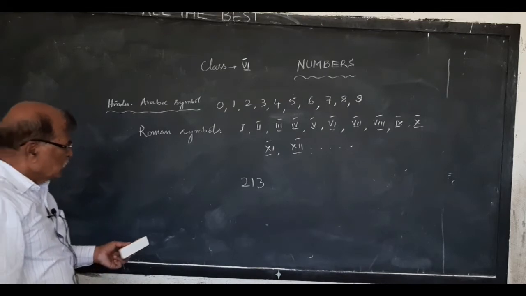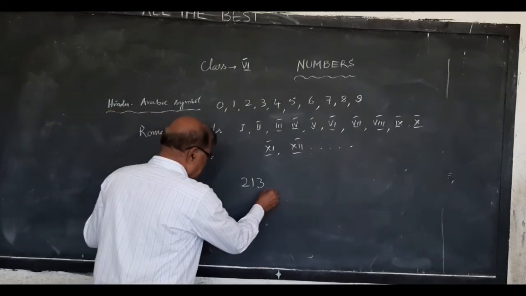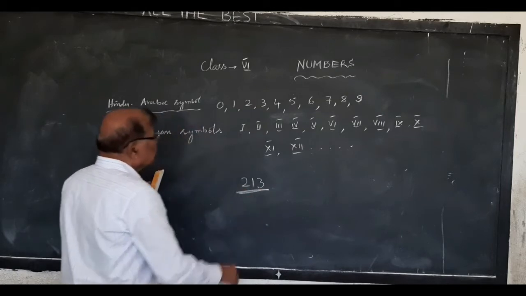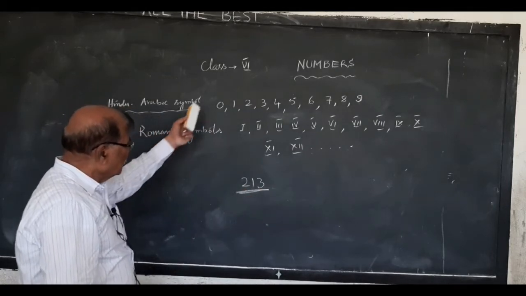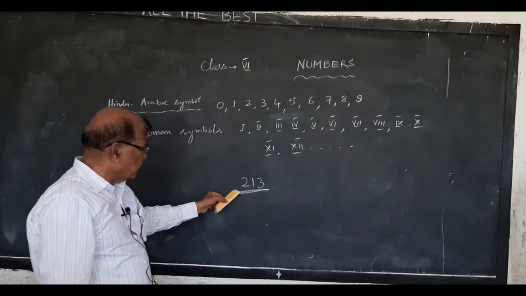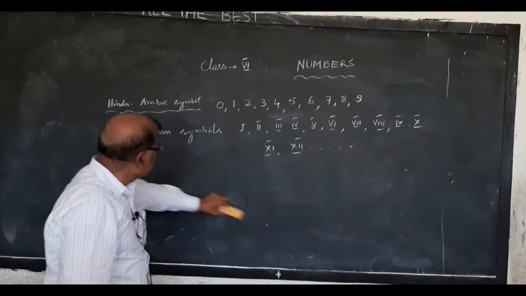This is called numeration. Using numerical numbers, forming a number is called numeration.